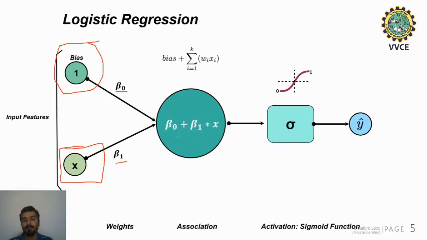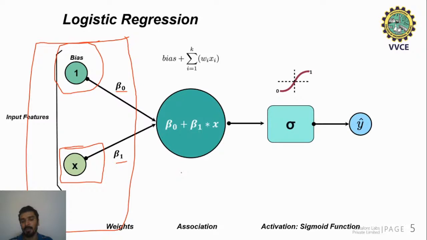Now this is your input layer, right? And in the hidden layer, there are two steps: one is the association step and the other one is the activation step. In the association step, it is nothing but beta 0 into 1, which is beta 0, plus beta 1 into x. So your association output will be beta 0 plus beta 1 into x, right?